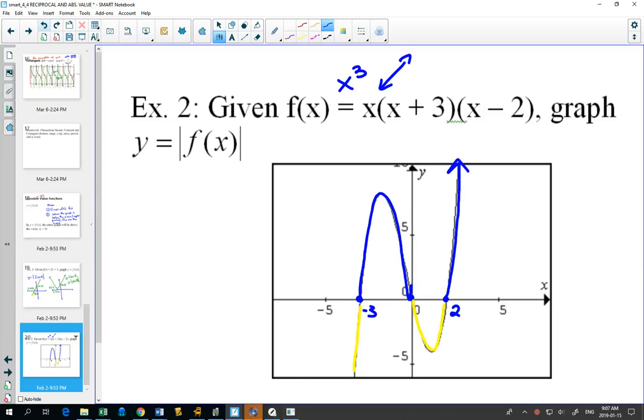But this section will get reflected up, and this section will get reflected up. So our final graph looks like a bunch of bumps, but all that's happened is those yellow sections have been reflected over the x-axis.